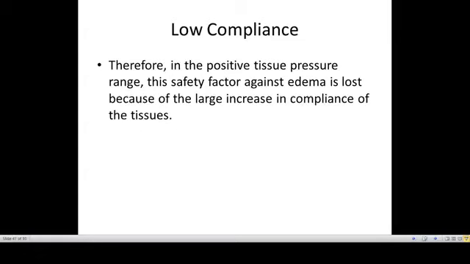Therefore, in the positive tissue pressure range, this safety factor against edema is lost because of the large increase in compliance of the tissues. The safety factor contributed by low tissue compliance is 3 mm of mercury.